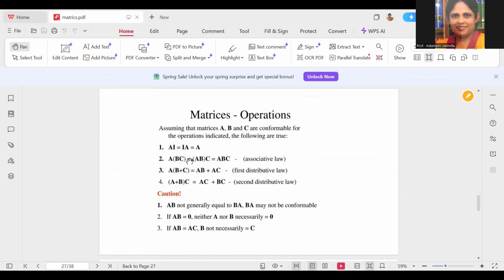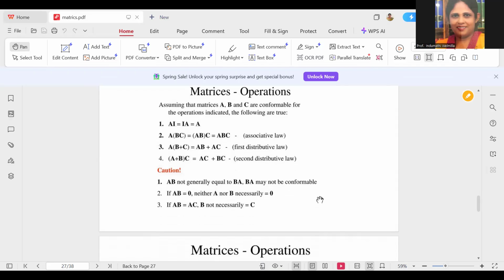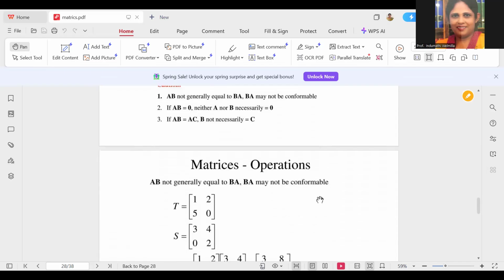Also, if there are three matrices like A, B, C, then B multiplied by C and then multiplied by A should equal A multiplied by B and C. You need to go through this one and try to understand.